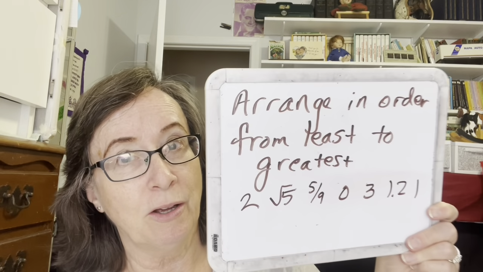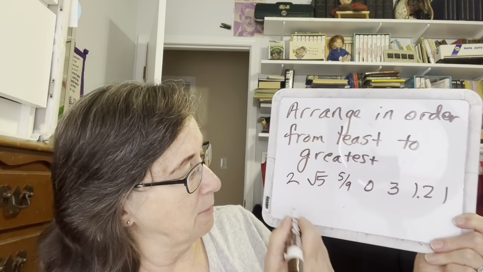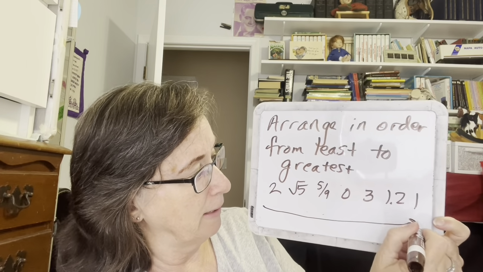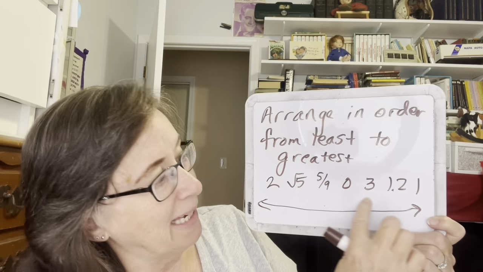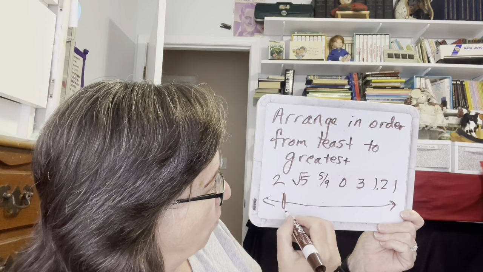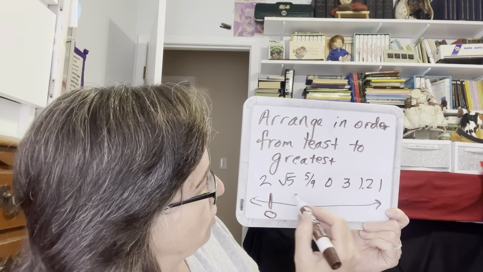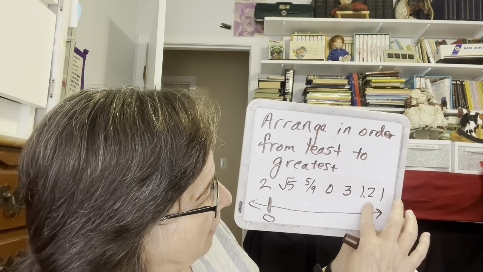So that brings us to example 2. We have to put these numbers in order. So let's make our little number line down here. We don't have any negative numbers. Notice we have no negatives. So I'm just going to put 0 way over here. And I have a 2, so I'm going to put 2. Oops, I got a 3 also.